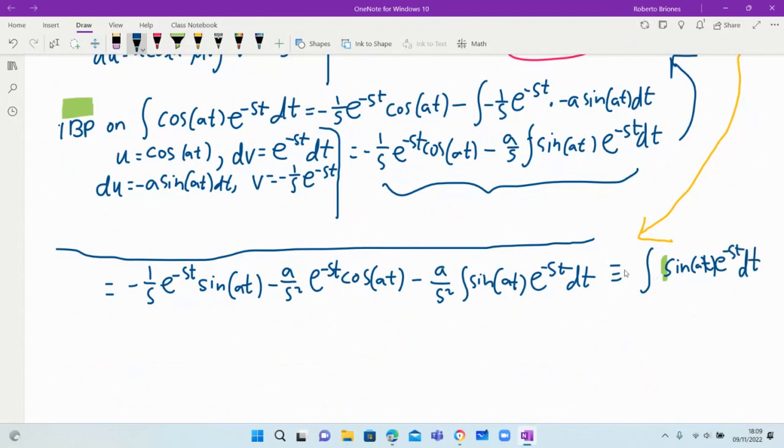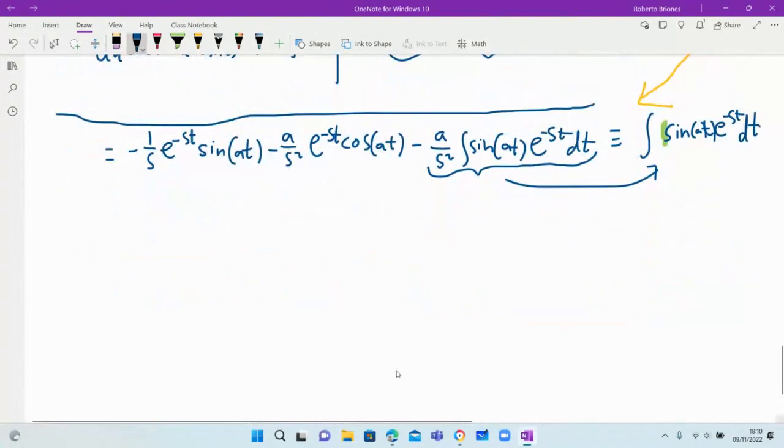And the good thing here is we can transpose this term to the other side of the equation. If you will notice, this term on this side of the equation and this term here contain the common term of the integral of sine of AT times e to the negative st.